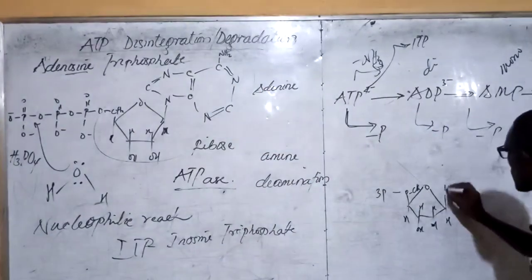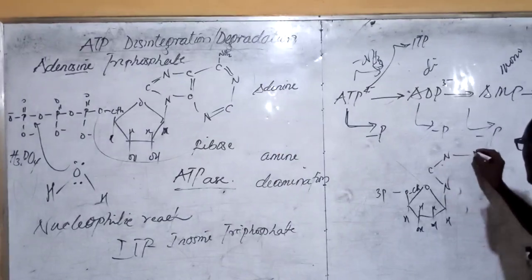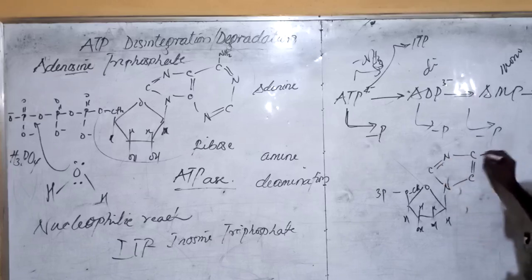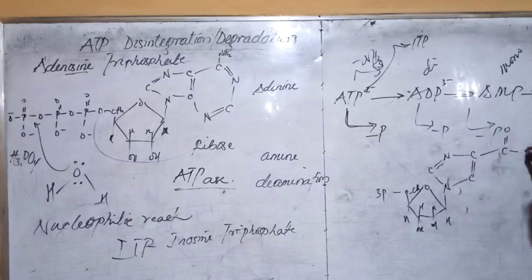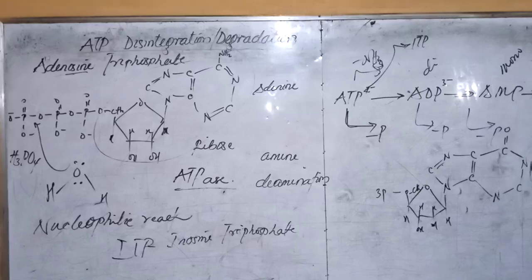The adenine molecule changes, and then we have something that looks like this. This carbon is now bonded with a double bond that extends to oxygen.